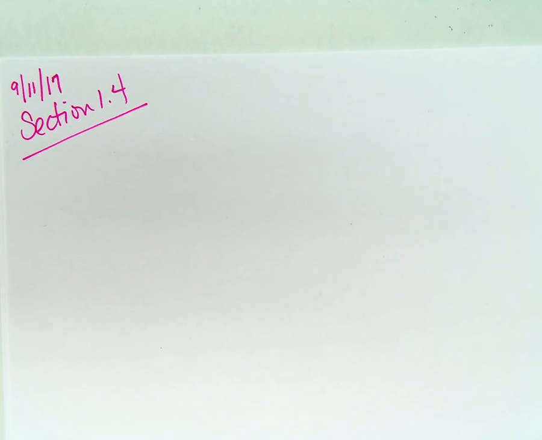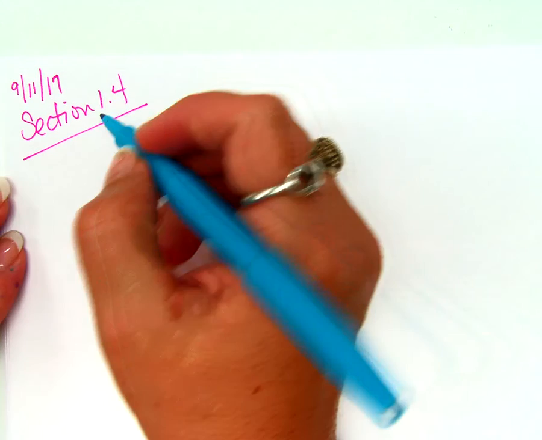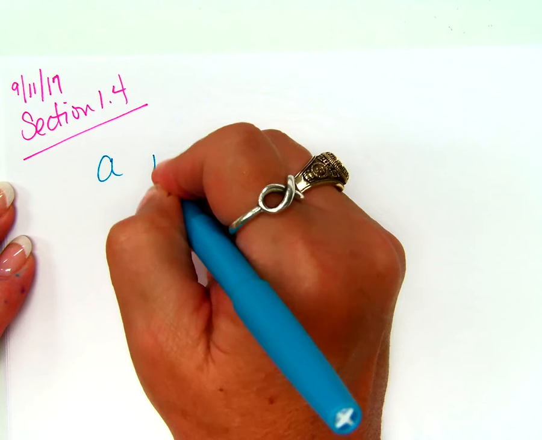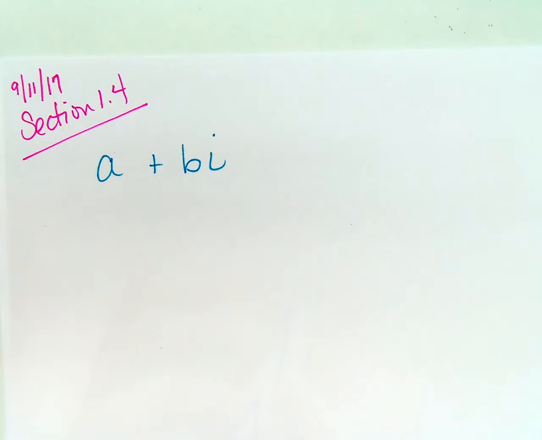Section 1.4 has to do with complex numbers. Now, I know that you've heard about complex numbers before because I taught you about complex numbers, but I'm reminding you now. Okay? What makes something a complex number?